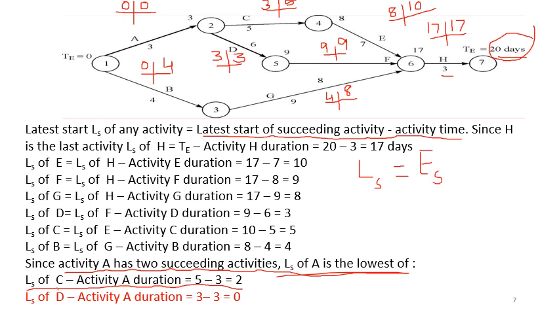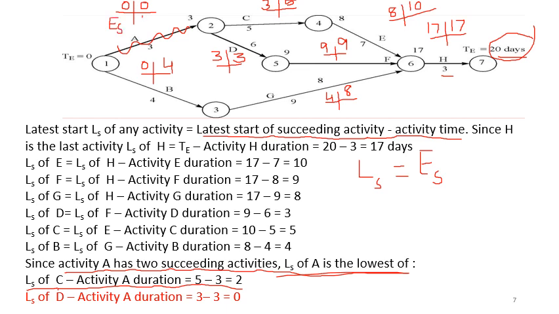For all critical activities, or that path where for all the activities earliest start is equal to latest start, those activities will be critical. So here you can see activity A has ES and LS values equal.